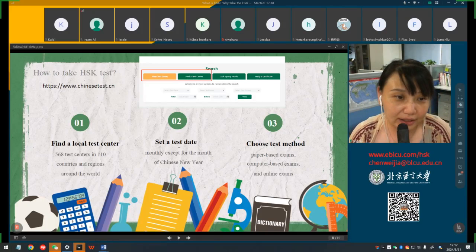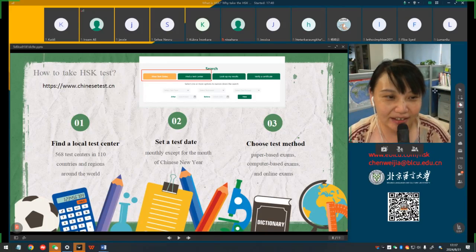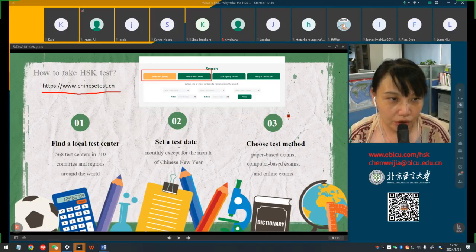So how to find the test date and the test center? This is the website for the official HSK test. So you can just log in to that web page and you can search. Here is a picture.